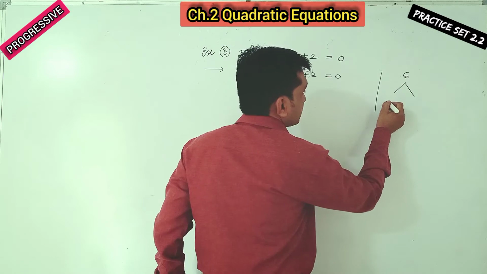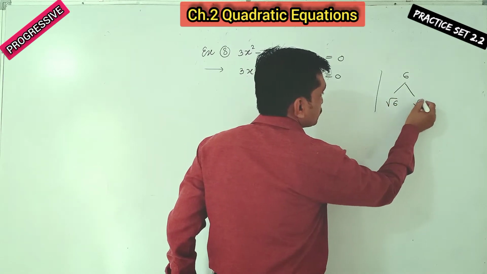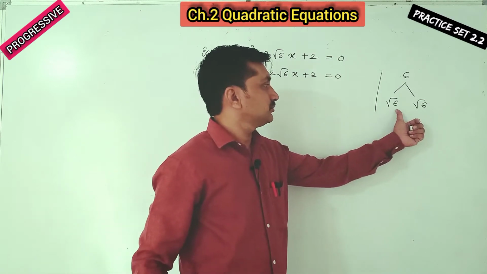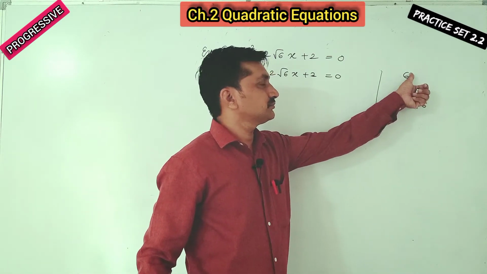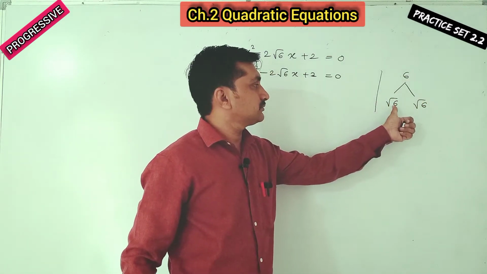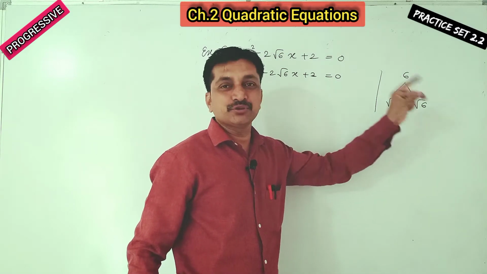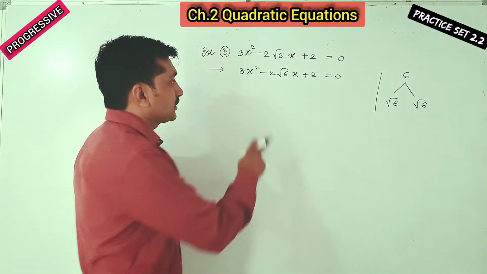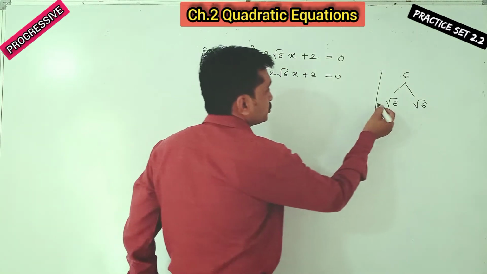Therefore here we can write root 6 and here root 6. If you check, the product, root 6 into root 6, is 6, and root 6 plus root 6 is 2 root 6. But what about the sign? Always give the middle term sign to the bigger factor.